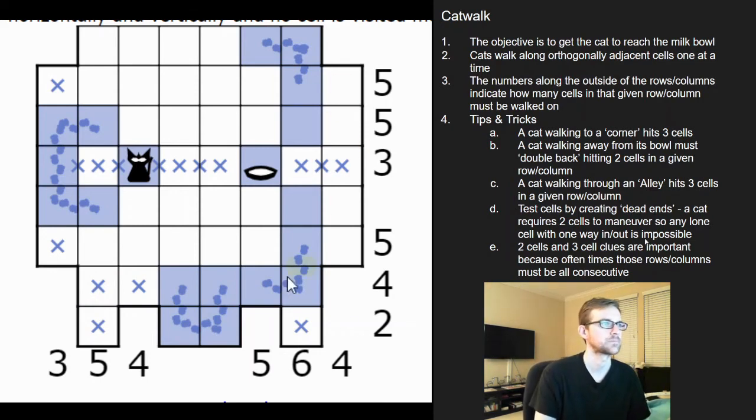Let's see. So we have to figure out if the cat comes up or down. I don't know if we can figure that out quite yet.